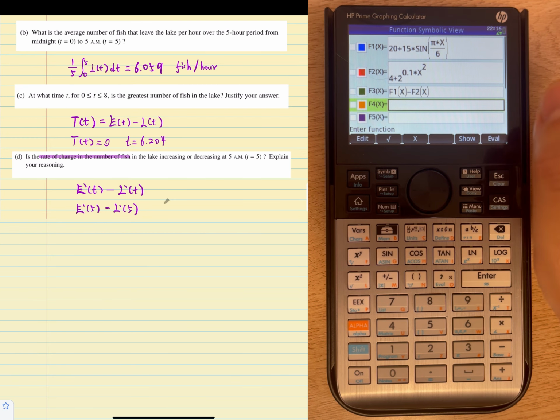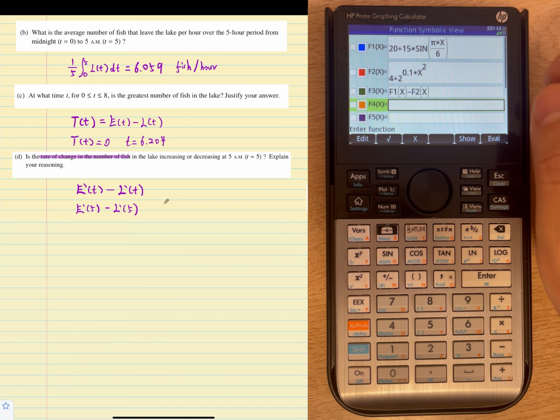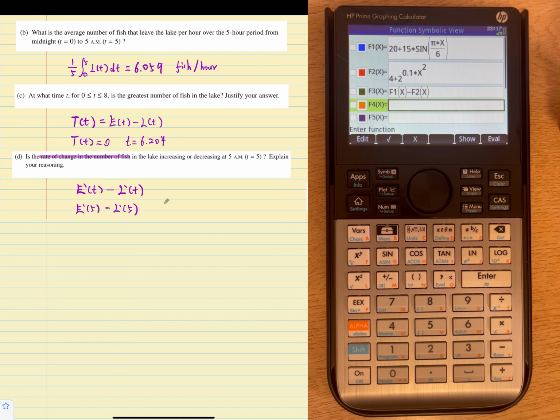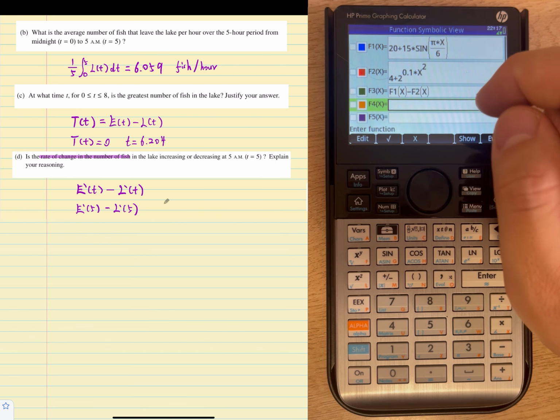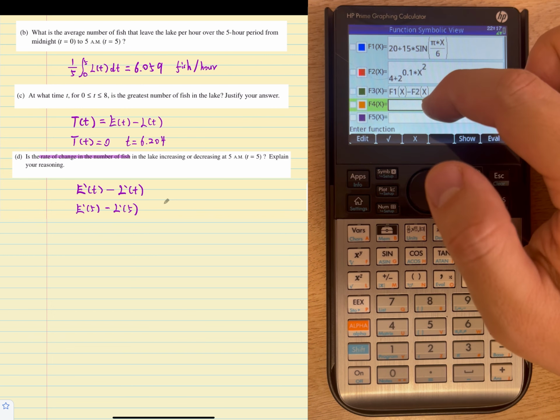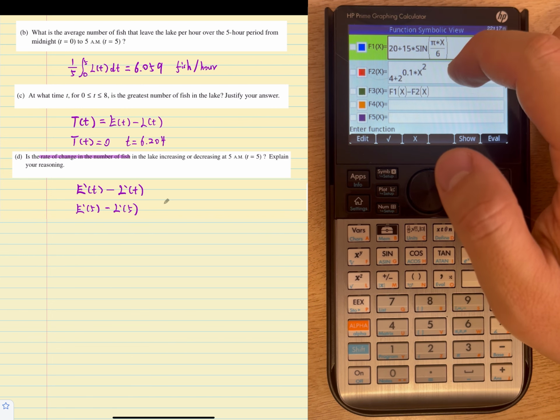Okay, so this is the final question, question D. Because we know it should be the rate of change in the number of fish, this is fish per hour, per hour squared. So we need to find the derivative of E(t) minus the derivative of L(t). This is E(t), this is L(t).